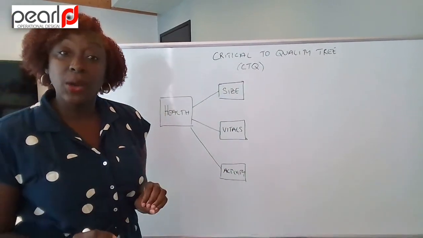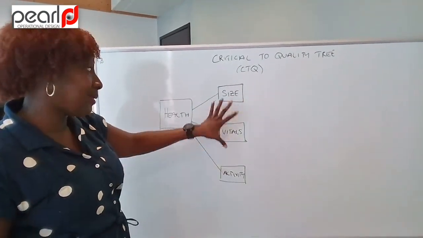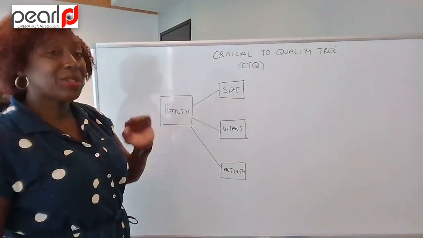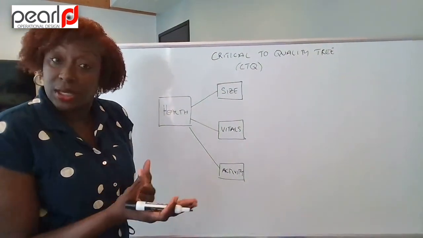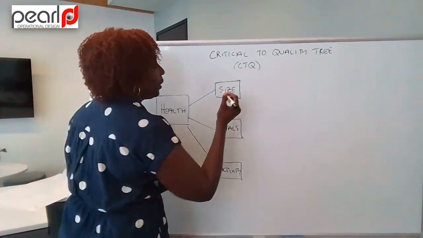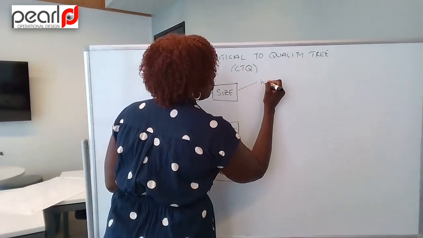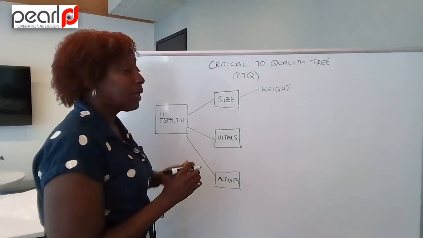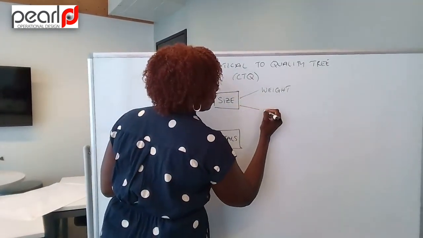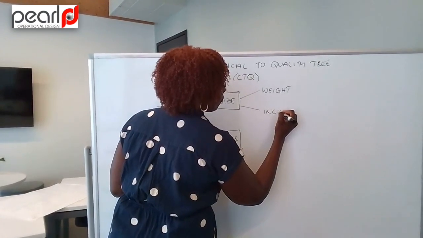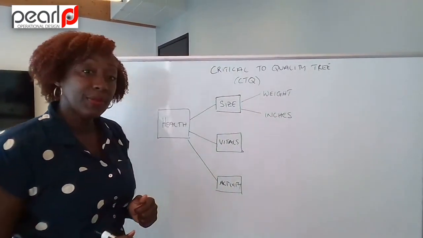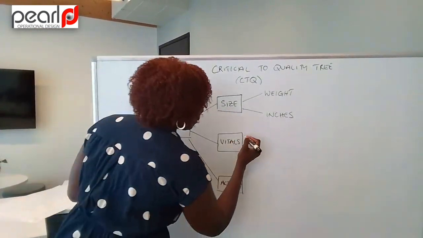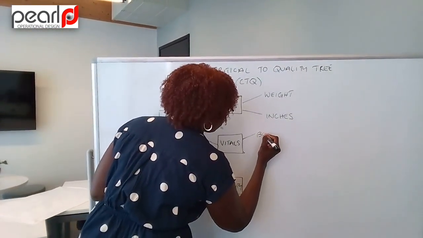And so then you can look and say, okay, if these represent what I would want to look at with regards to health, what are some of the things that I would measure for size? We talked about it, which is what most people look at, your weight. The other thing you look at with regards to size are your inches. Let's look at your vitals. When you go to the doctor, what is it that the doctor also tells you? I look at your blood pressure.